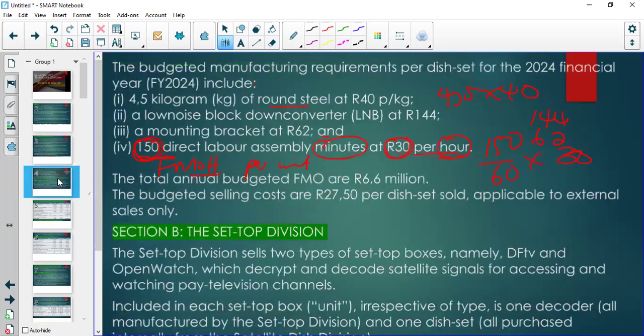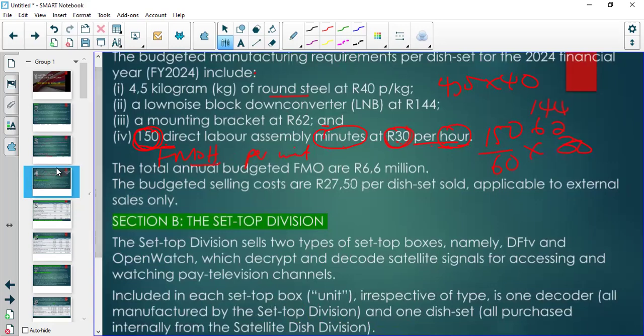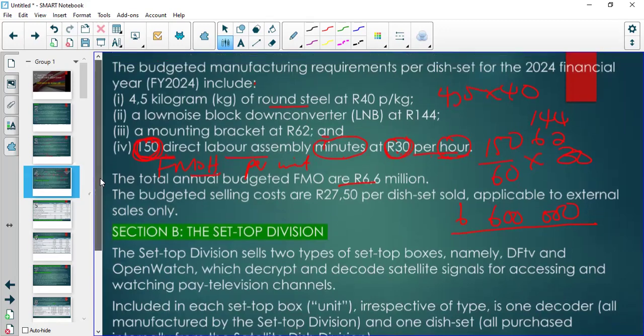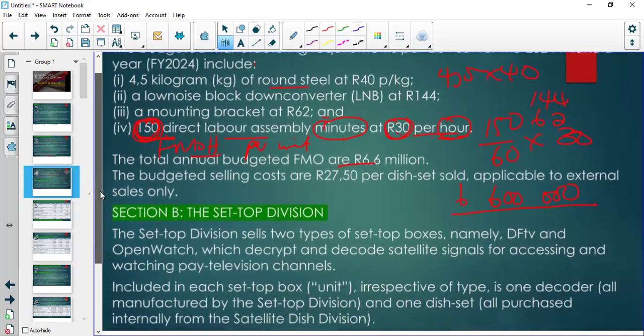Right. But I think I saw somewhere where they say they are equal or something. I don't know. Now, this is the total budgeted fixed manufacturing overheads. So 6,600,000. Then divided by the total allocation basis, which is total direct labor hours. So I told you that we need 150 minutes per unit, right? And how many units do we need to produce here? Right.